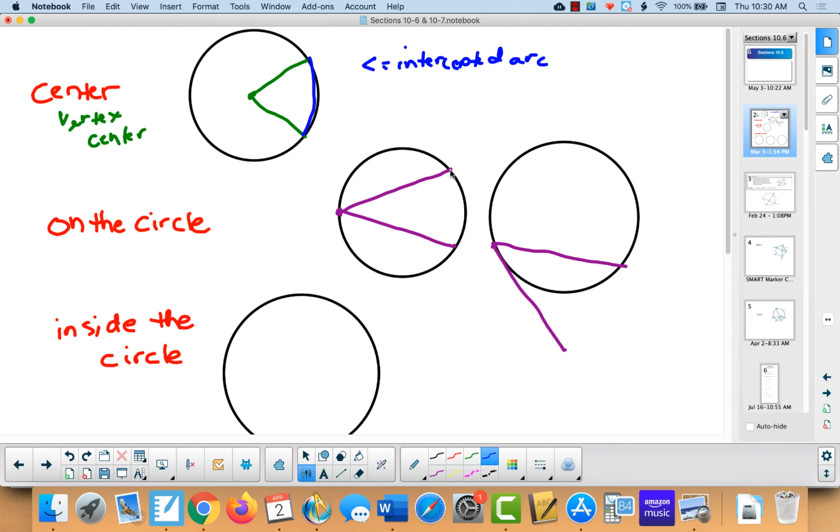Here, in each case, the angle is equal to 1/2 the intercepted arc.